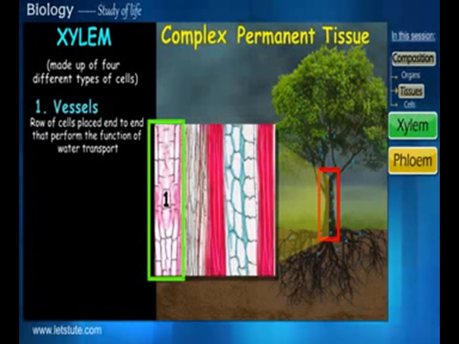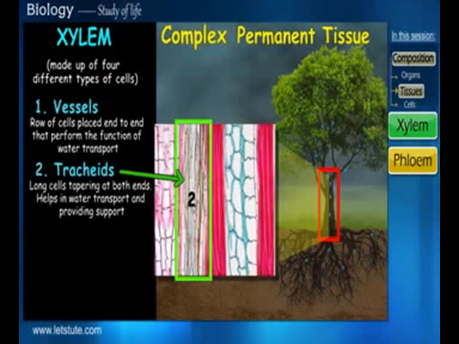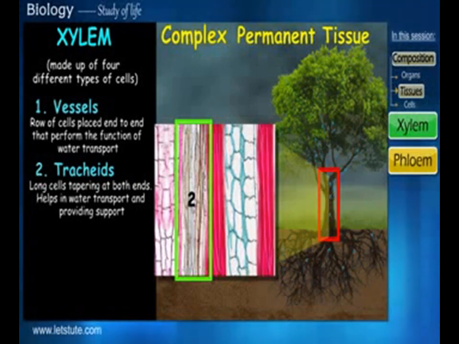So now you must be wondering, what about the other three types of cells? What do they do? The second type is the tracheids, which are long cells that taper at both ends. These cells not only aid in water transport, but because of their structure, they also provide support to the plant.